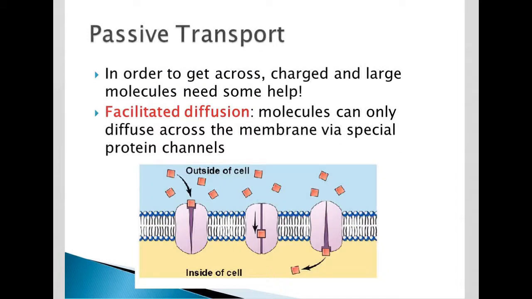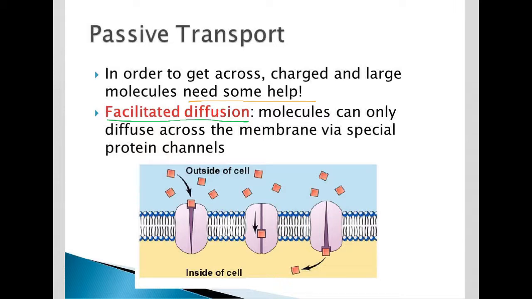In order to get those items that can't readily pass through a membrane across, they need some help. And that's where facilitated diffusion comes in. If you think of that word facilitated, or facilitator, it's someone that's going to sort of help you out.